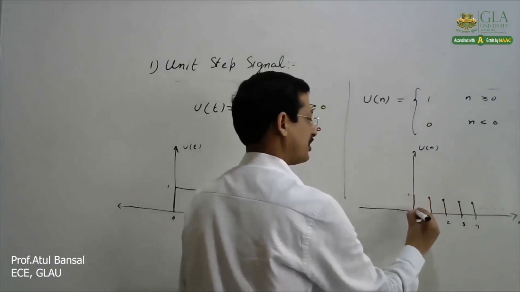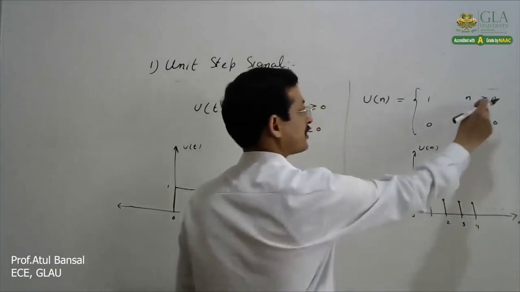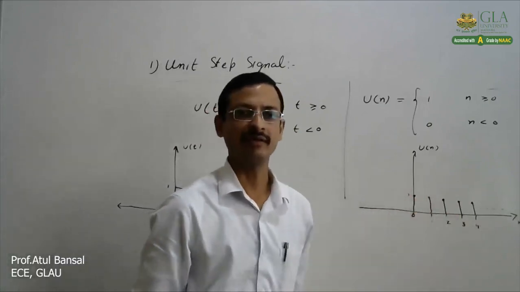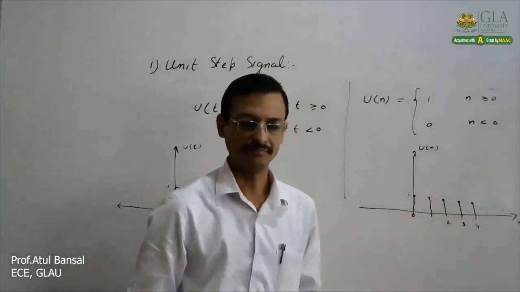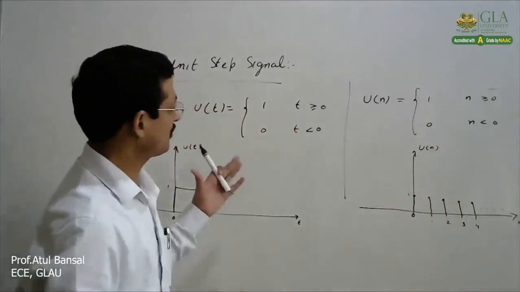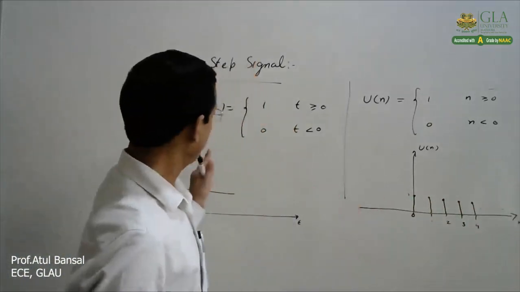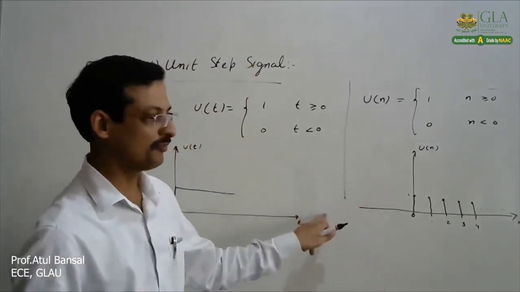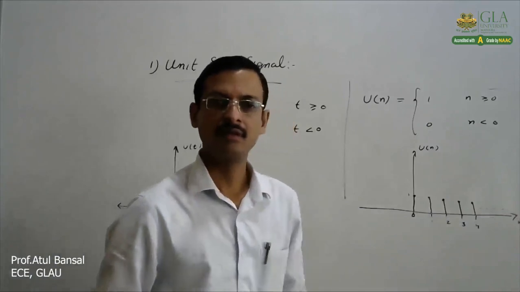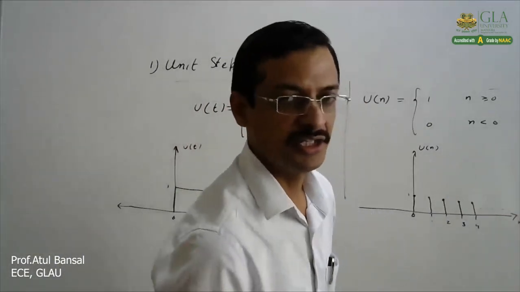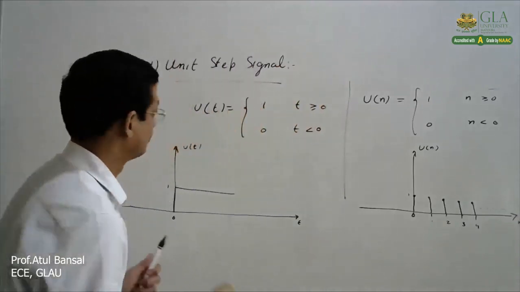Even at n equal to 0, because it is equal to 1. So everywhere we have samples of magnitude 1. So that is the unit step. This is the unit step signal in continuous time, and this is in discrete time. This one is continuous, going up to infinity. Remember.